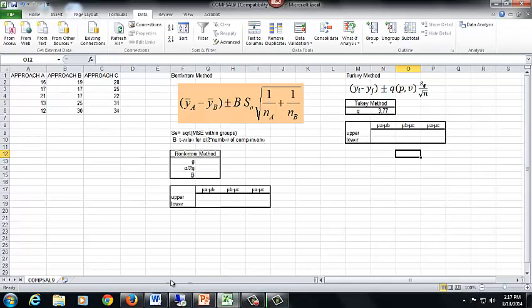The second example uses the data set Comp Sales 9, and it goes into a little more depth. We're comparing sales figures, the dollar amount of sales, based on 3 different sales approaches: A, B, and C. We have 15 salespeople, and 5 of them were assigned to each sales approach.